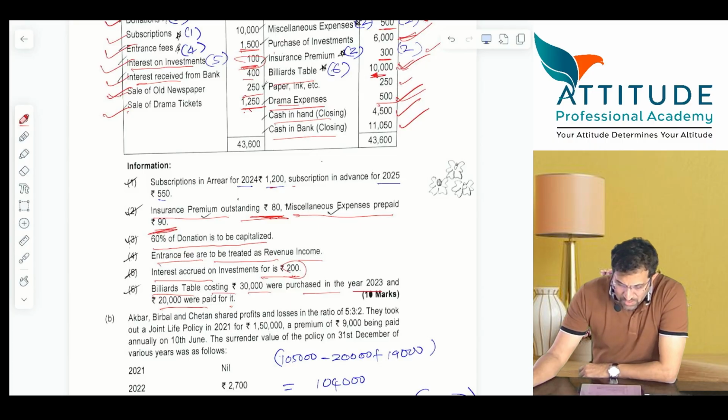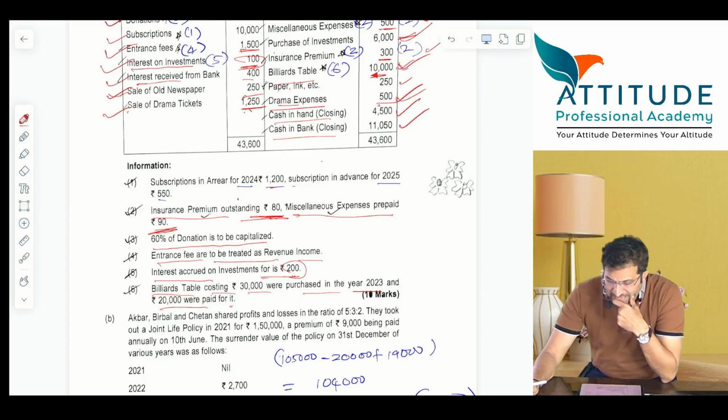Go and add surplus to the capital fund. 43,100 plus 12,000 this thing minus नहीं donations भी ऐड करने का ना 4,200. I think closing capital fund is 49,410.